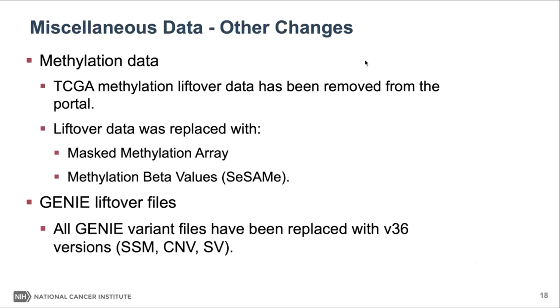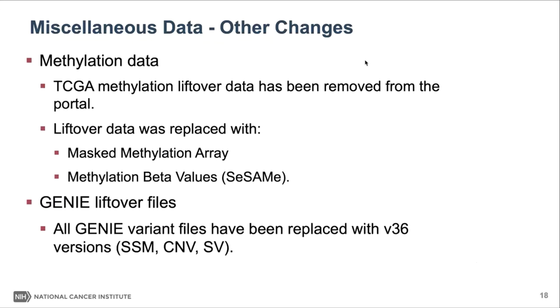This is the Sesame pipeline, and what you will see on our portal right now are the masked methylation arrays in which the germline heavy parts have been removed, and the methylation beta values from Sesame. So this is all available for the TCGA projects now.